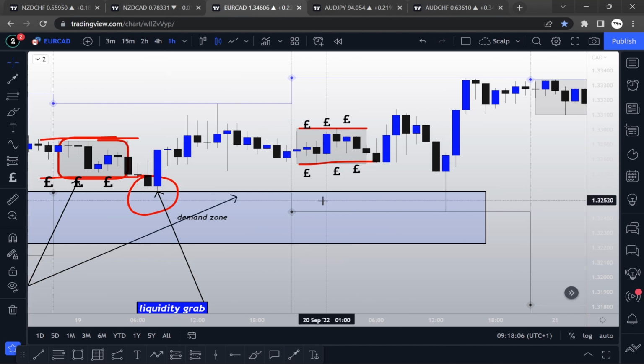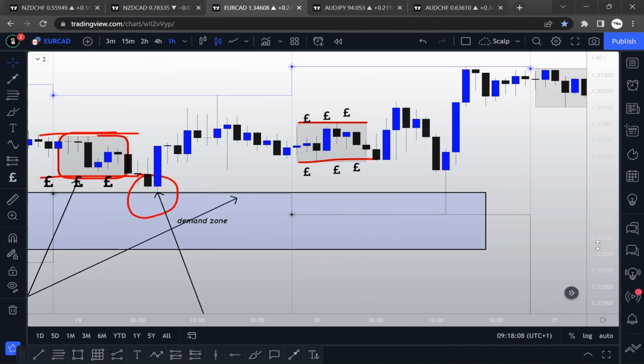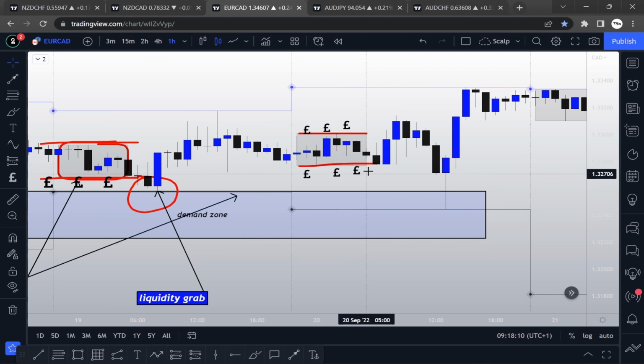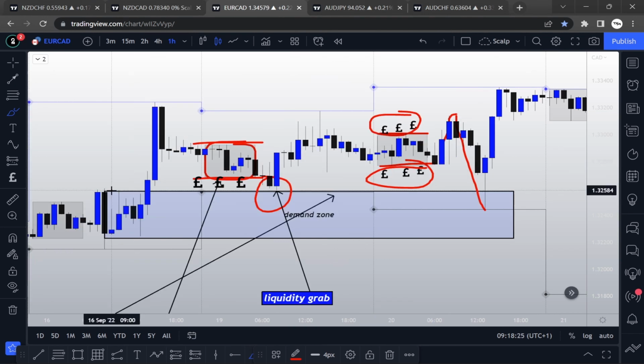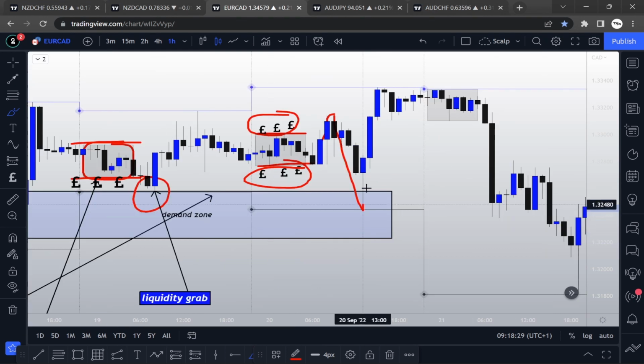So what does the market do? The market during the London session goes to the upside, grabs all the liquidity here, goes down, grabs all the liquidity over here, into this demand zone which we have already marked out, and then makes its move to the upside.